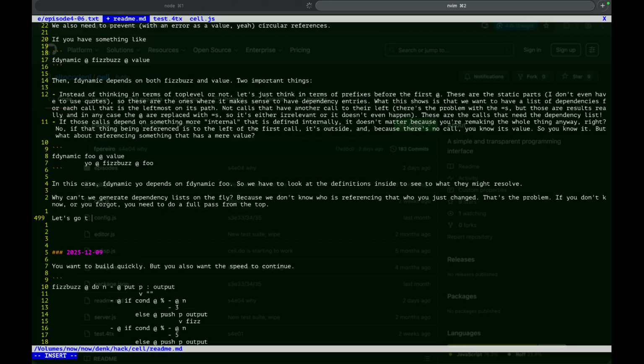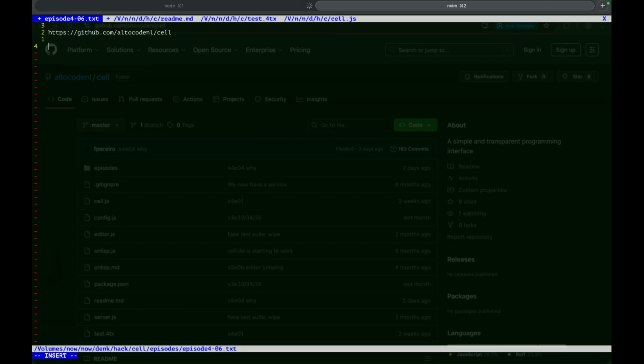Let's go to a low effort solution. I think cell is an expression of a low effort attempt to do the impossible. I'll just write it down.